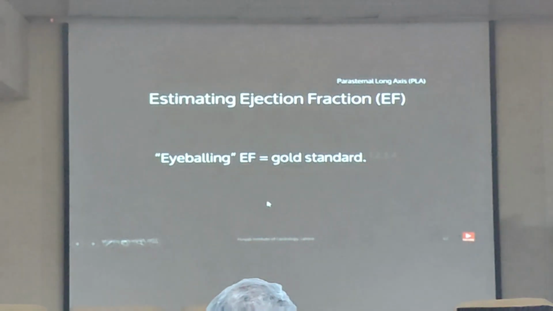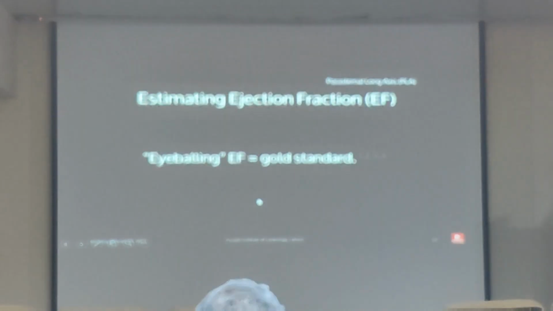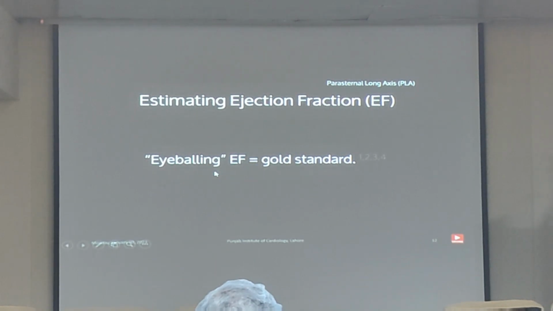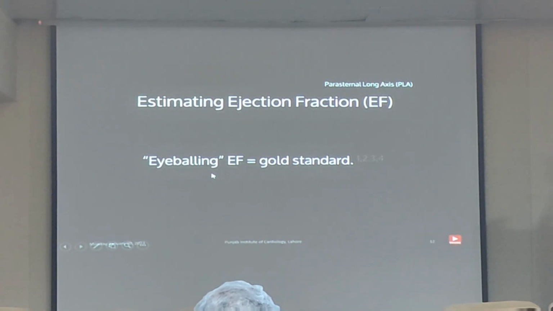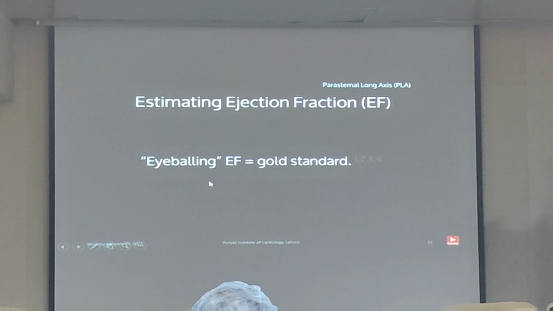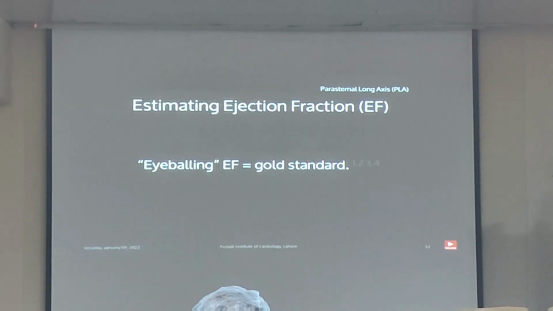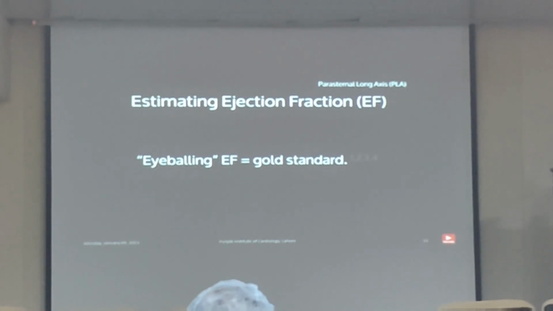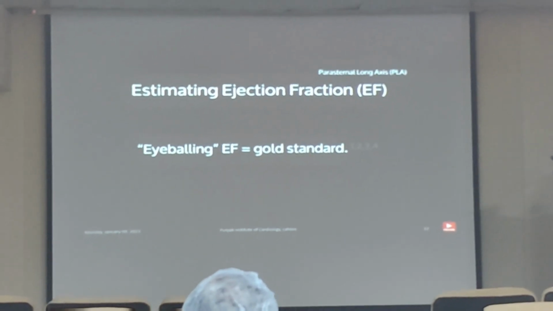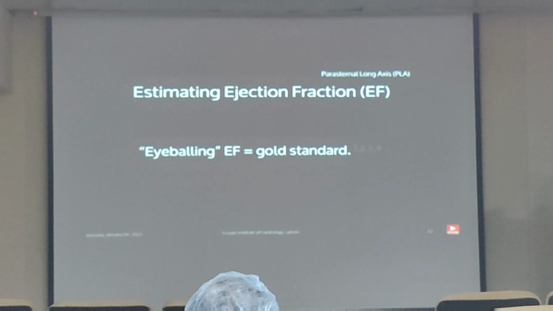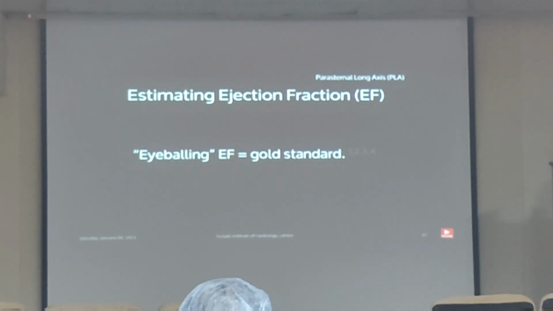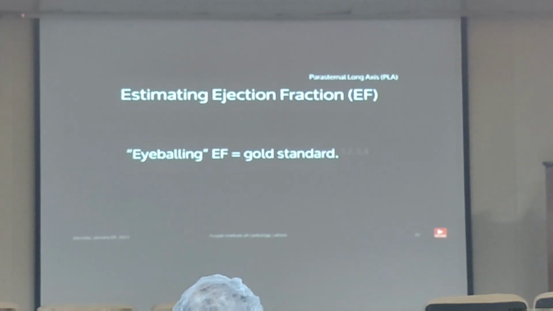There are some articles saying that we can use the eyeballing ejection fraction, but the person who is going to estimate it should have enough experience to look at the contractility and the diameter of the contraction of the LV at the time of diastole and systole, and they can estimate how far it is moving, and they will tell us that the ejection fraction should be around that much.